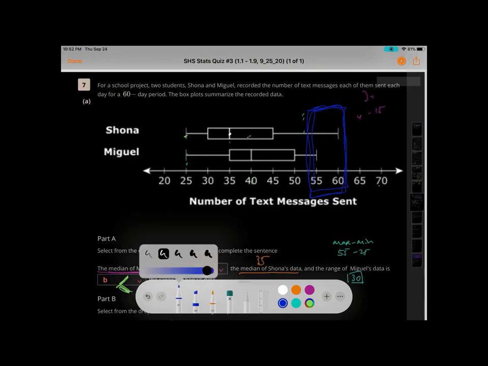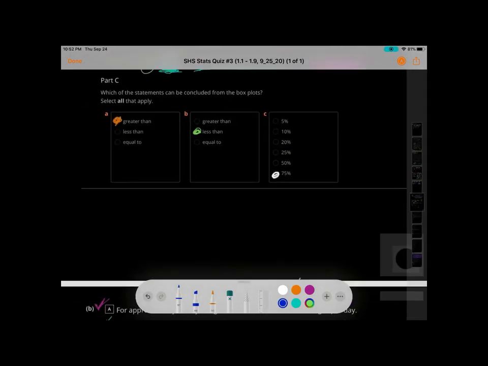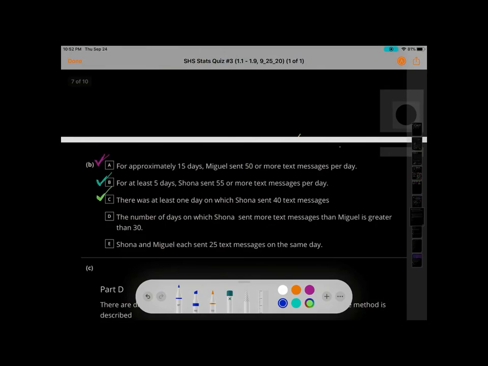No, that's false, because remember we said that each of these represents 15 days. Does that make sense? Miguel's is 15, 15, 15, and 15. So yeah, that possibly can't be more than 15, so no.